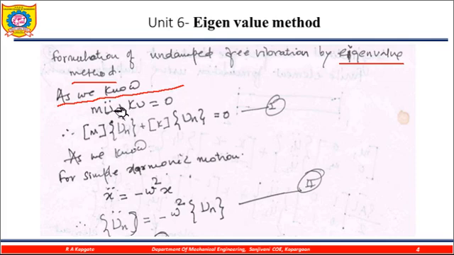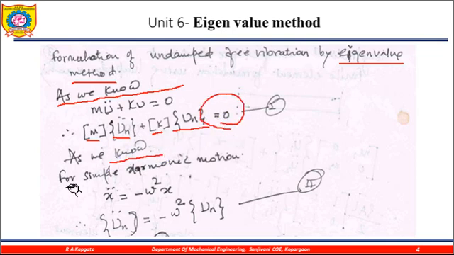So u double dash means the acceleration. My mass matrix multiplied by the acceleration matrix plus my K matrix times the u matrix, that is the displacement matrix, is equal to 0.